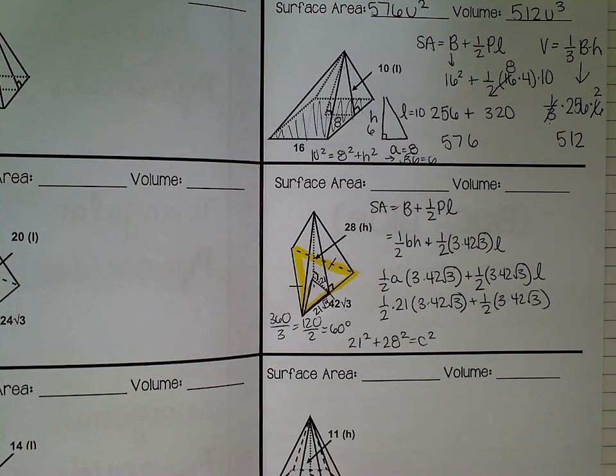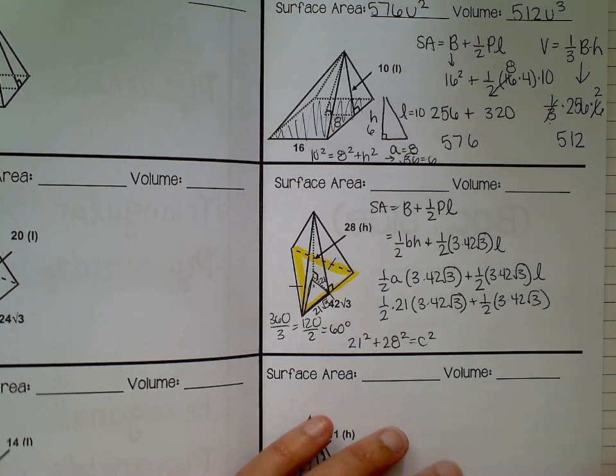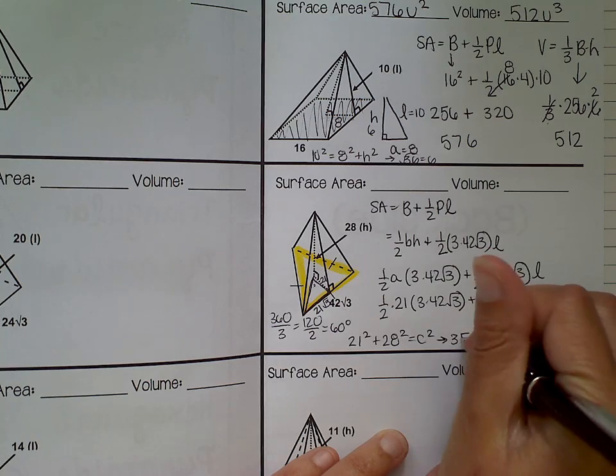Now those are big numbers, so I'm definitely going to use my calculator for that. So we'll have 21 squared plus 28 squared, and then square rooted. My thing is locked. Super annoying. Square rooted is 35. So my slanted height is 35.